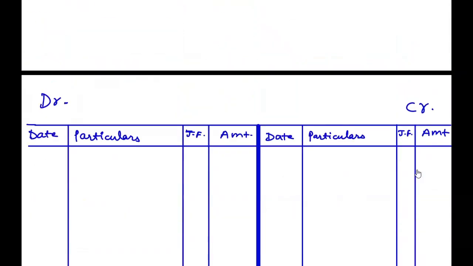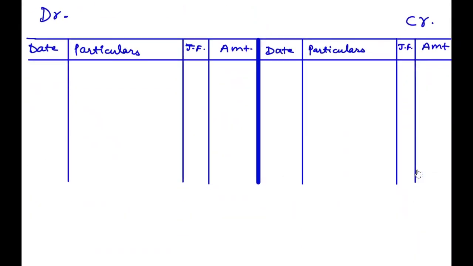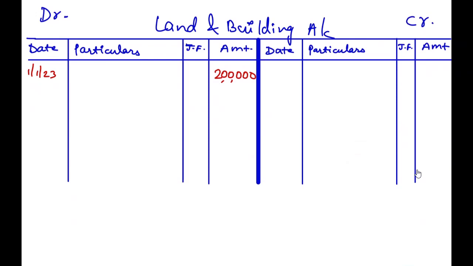And then we have land and building account. So how much is the land and building brought in? That is on 1st of January 2023, the land and building account was debited for 2 lakh rupees. So it will be to capital account. Why it has been debited?